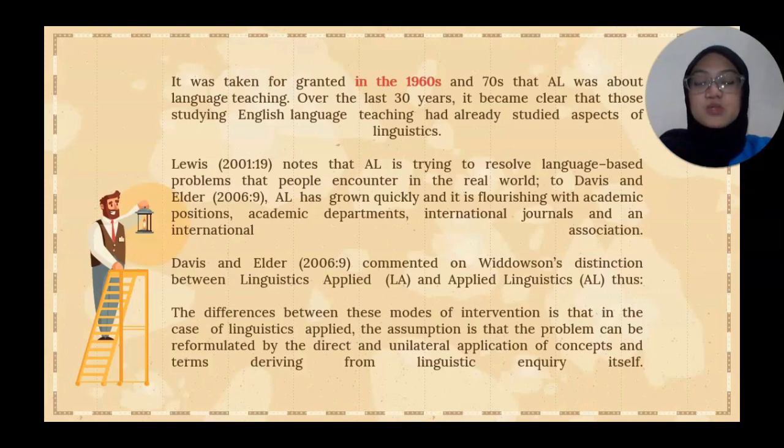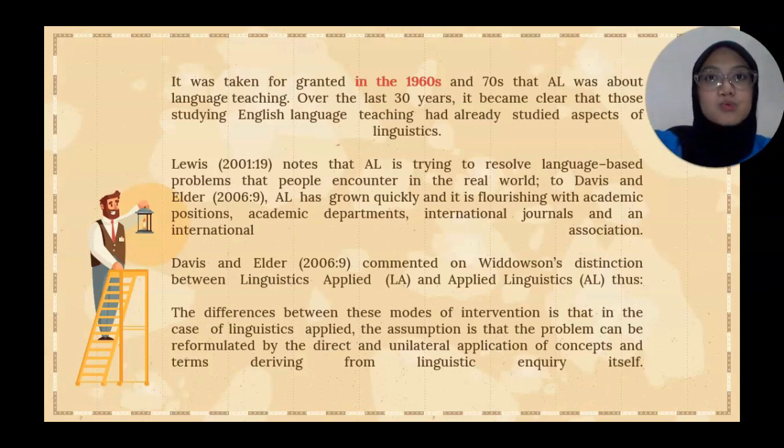Davis and Elder in 2006 comment on Widdowson's distinction between linguistics applied, or LA, and applied linguistics, or AL. Thus, the difference between these modes of interpretation is that in the case of linguistics applied, there is the assumption that the problem can be reformulated by the direct and unilateral application of concepts and terms deriving from linguistic inquiry itself.